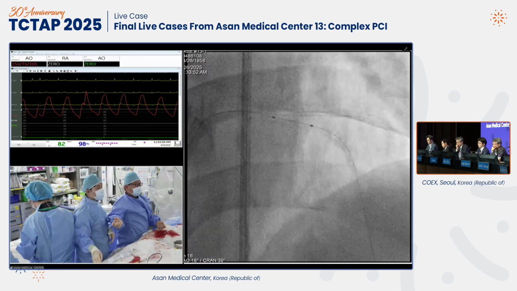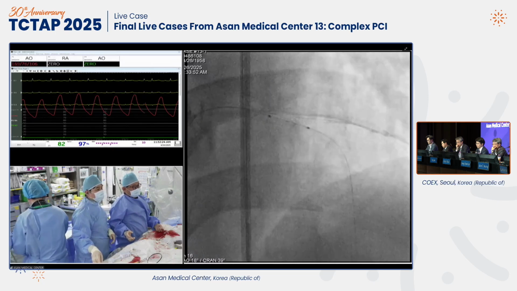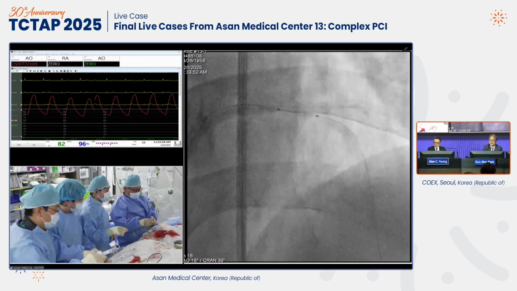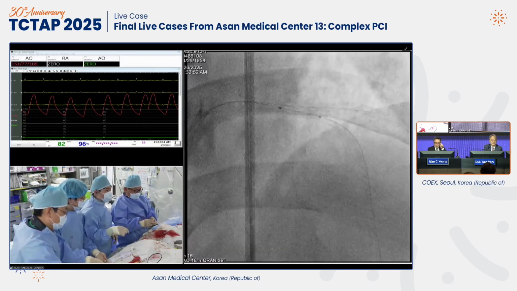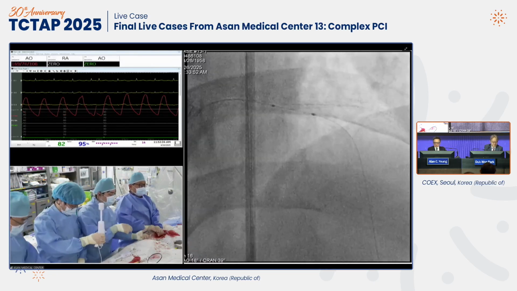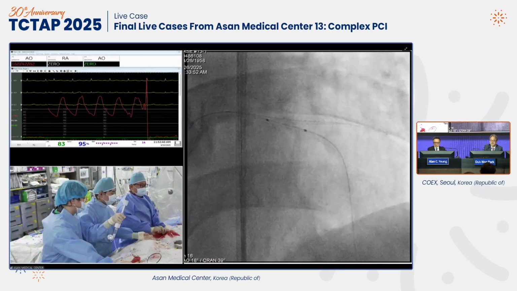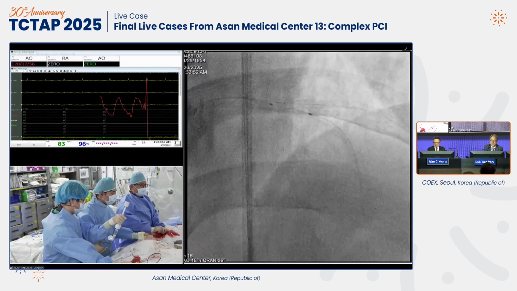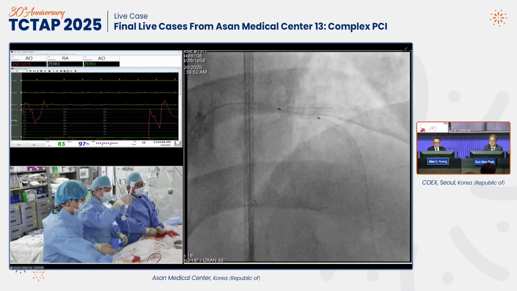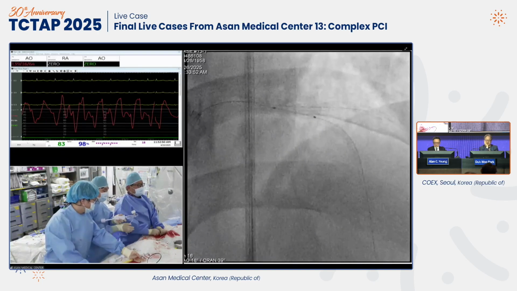If you're familiar with the stent characteristics, then it would be good. So you can use the contemporary generation DES. TW also published a contemporary generation DES comparison in the left main stenting. There was no statistical difference between the contemporary DES platforms.